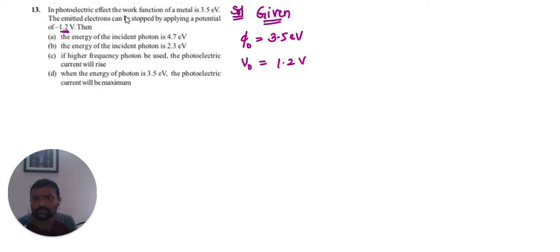But once we go through the options, he asked about the energy of incident photon in the first two options, and option C is: if a higher frequency of photon is used, the photoelectric current will rise. I think you are very familiar with that. The photoelectric current does not depend on the frequency of the incident photon.